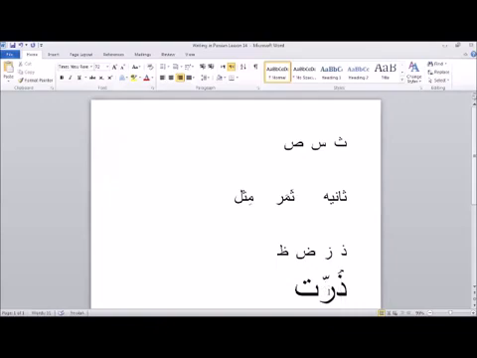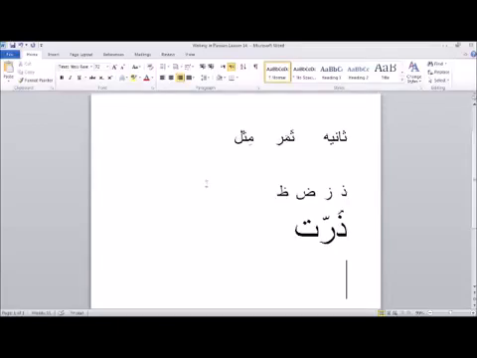So in order to avoid writing it twice, we just put this sign on the top, and that will be pronounced Zorat. So there are two syllables, Zor and then Rat. The first syllable ends in R, and the second syllable begins with the R. So we avoid writing it twice, so we put a sign on the top, okay?